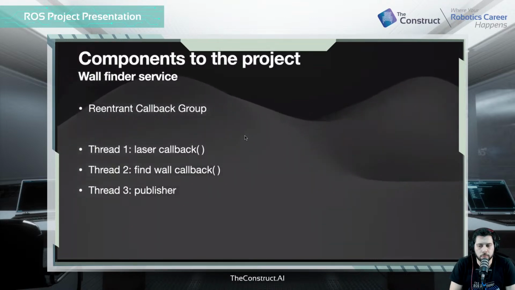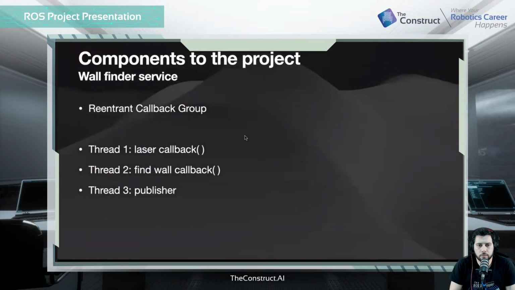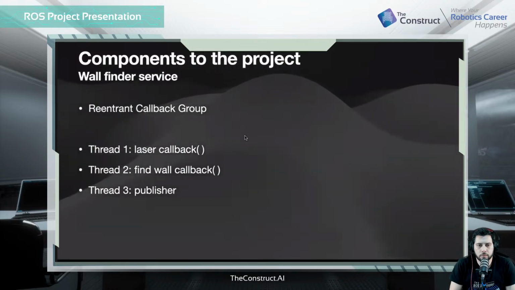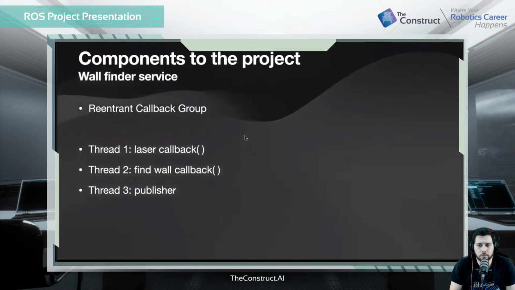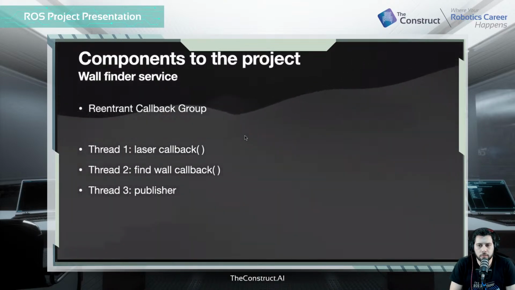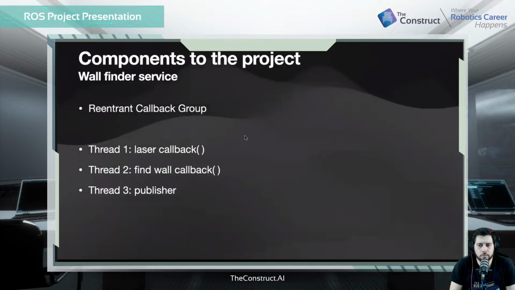You need the three threads, because if you don't have multi-threading enabled or use the reentrant callback group, the default callback group is the mutually exclusive group, which will just execute one callback and take control over the entire program, and the other callbacks won't execute. So you need the multi-threading approach here.